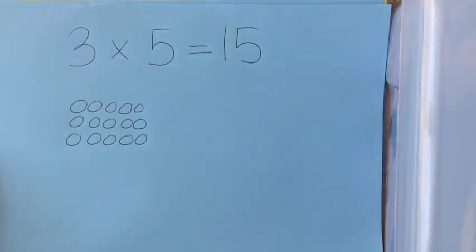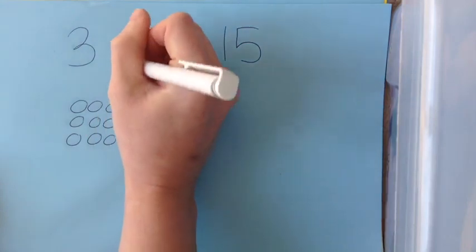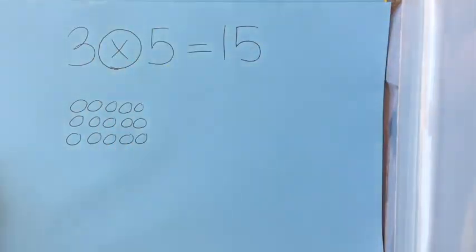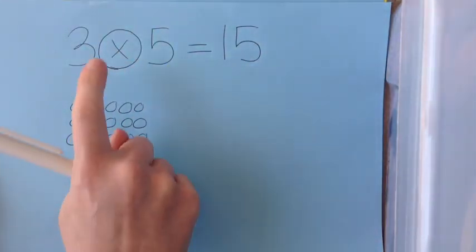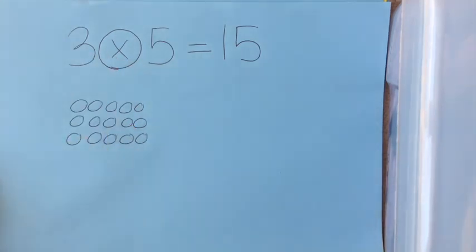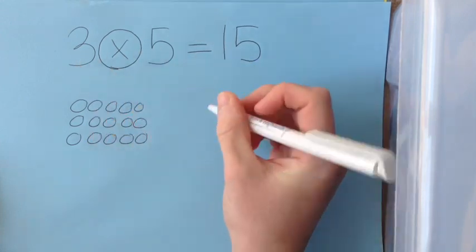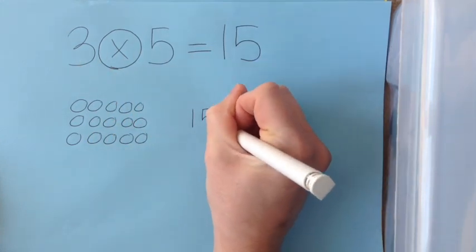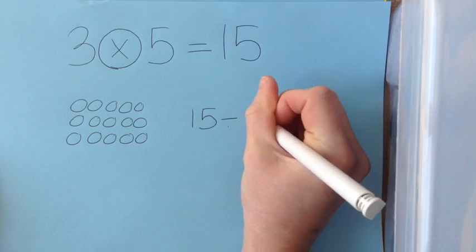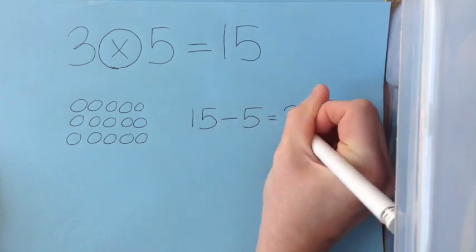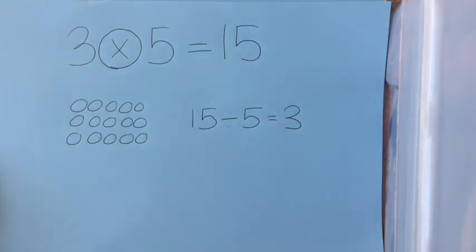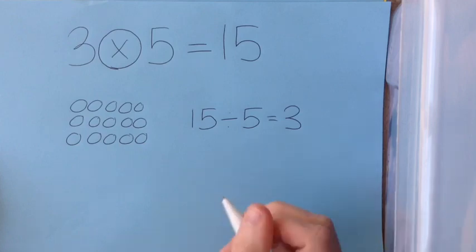Now if you wanted to challenge yourself today, you might also think of the inverse of this operation, so the opposite. So the opposite of multiplication we know is division. Fantastic. So using these same 3 numbers, I can now say that 15 divided by 5 is 3. And I may want to show this in groups.